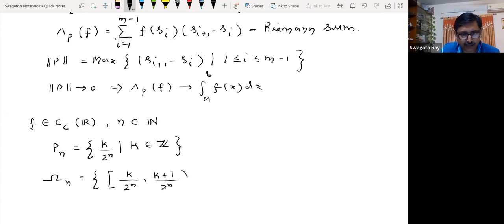That means the length of each interval in Omega_n is 1 by 2 to the power n, and you simply take k in Z. What is obvious from the shape of these intervals is that this gives you a countable disjoint union of the whole real line.